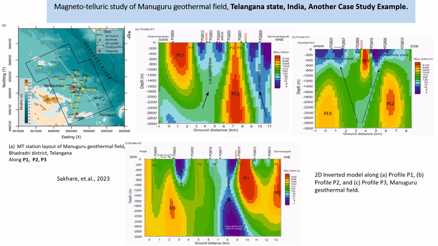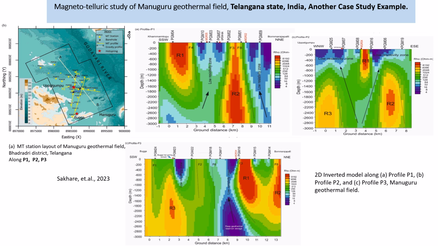The red color is indicating more resistive zones. In a background of low resistivity, there are highly resistive zones, R1 and R2, and there is a highly conductive zone here along the stations. These are the 2D inverted models along profiles P1, P2, and P3.